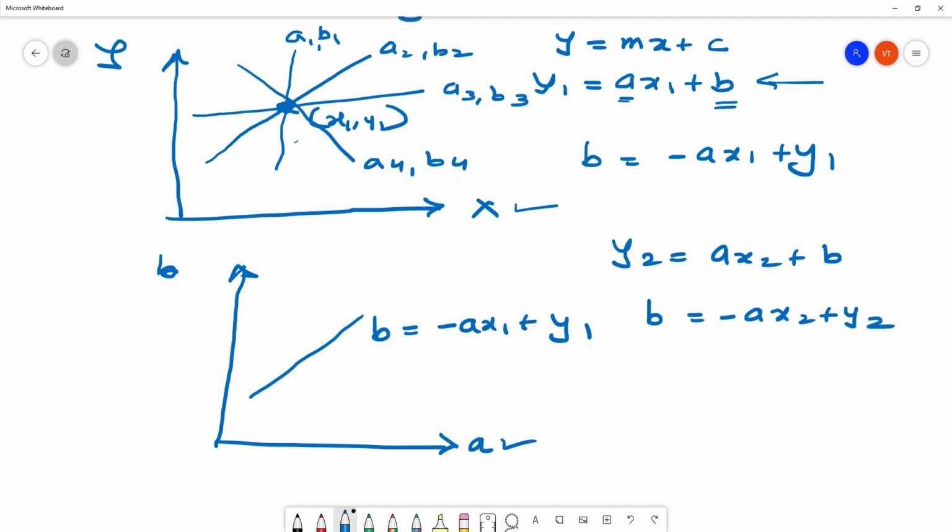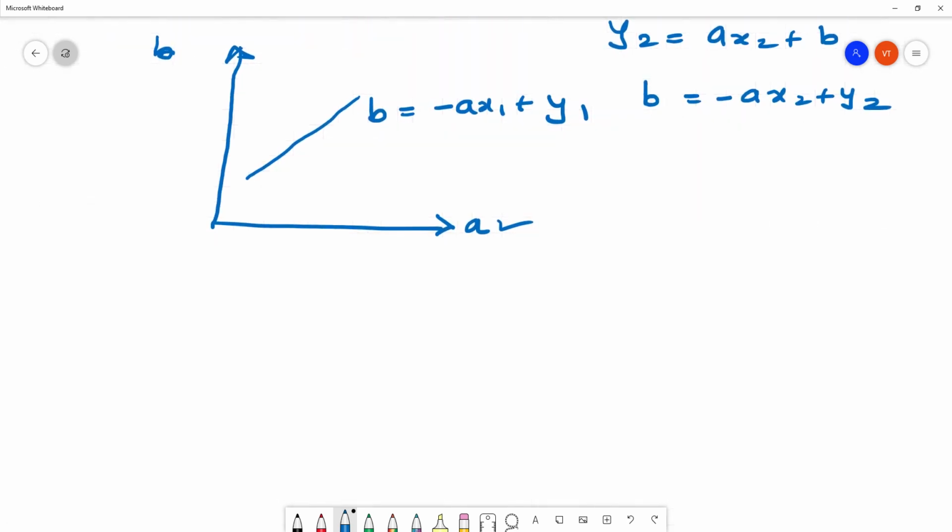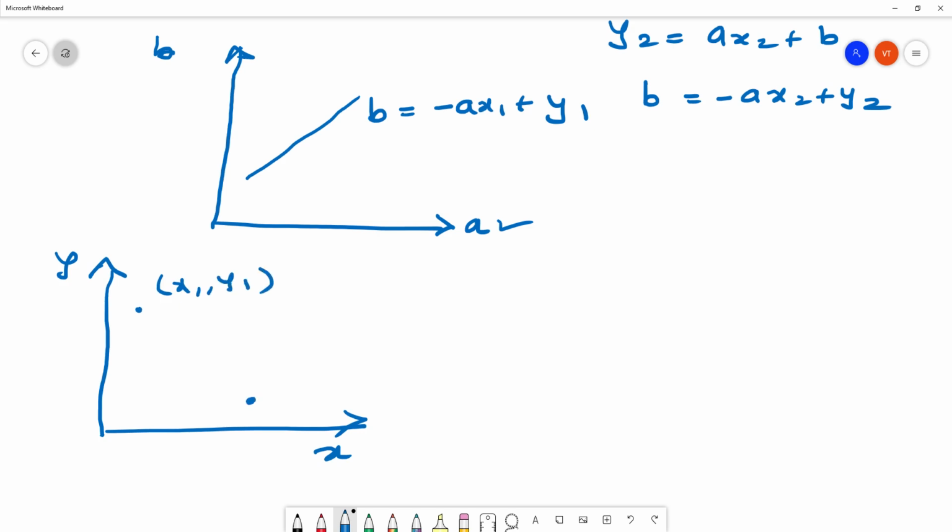This is another line in the AB plane. So this is y, this is x, and suppose this is a point x1, y1, and this is another point x2, y2.